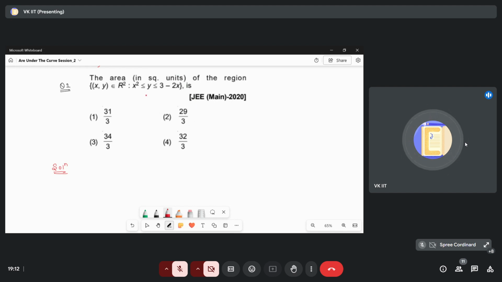So these are the two curves, right? These are given here. x square is less than or equal to y is less than or equal to 3 minus 2x. Yes, any answer?